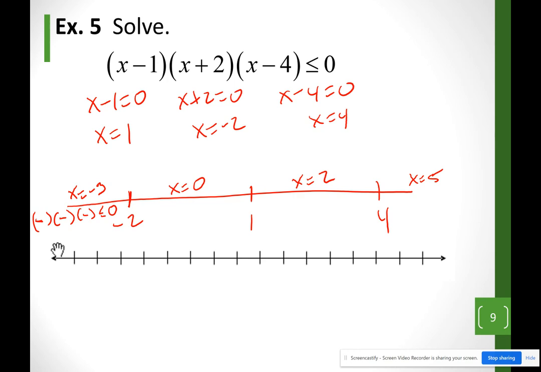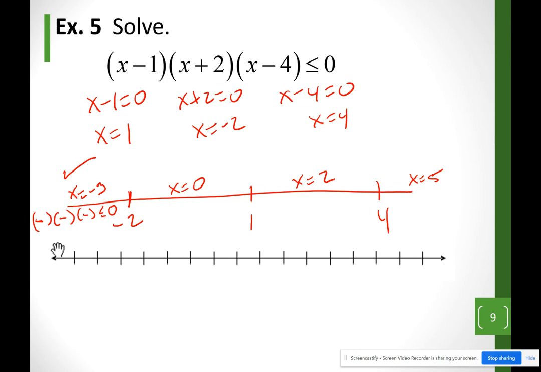When the amount of negatives is an odd number, like 1, 3, 5, 7, 9, in multiplication that is negative. So it's a negative number less than 0? Yes.